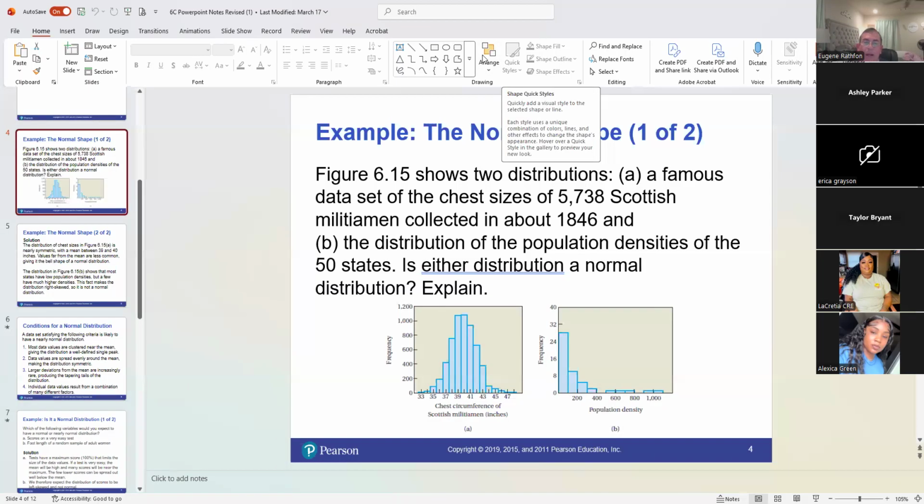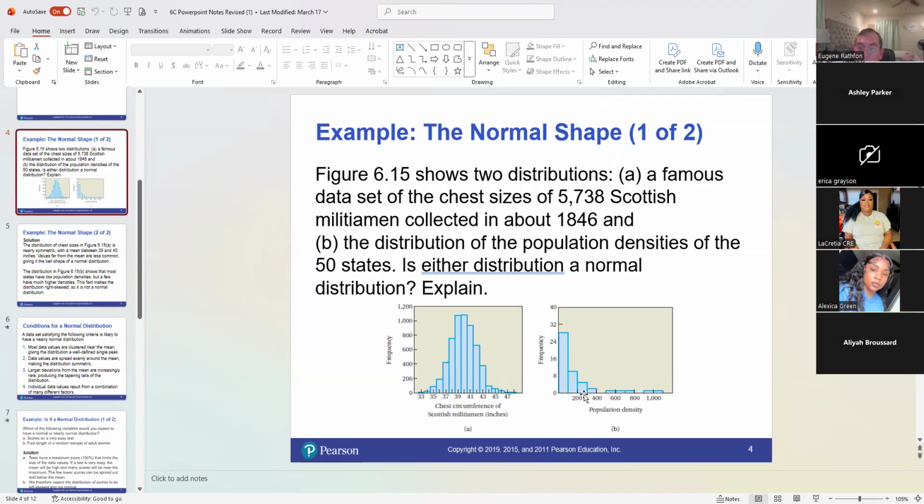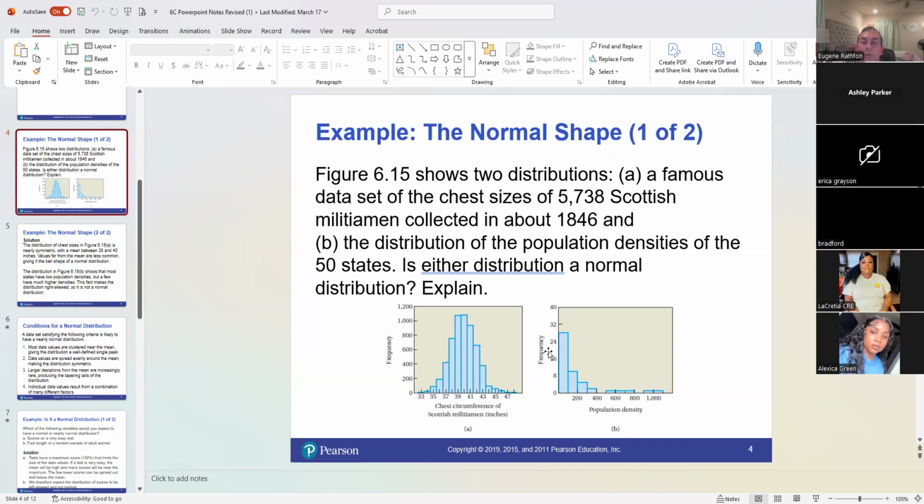Now the figure on the right, that distribution of the population densities of the 50 states. So notice they got on the bottom scale, horizontal is your population density, and then your frequency is on your vertical scale.